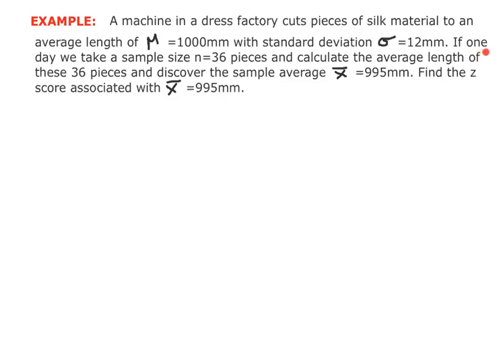If one day we take a sample of size n equal to 36 pieces, calculate the average length of these 36 pieces, and discover the sample average X bar is equal to 995 millimeters, find the z-score associated with X bar equal to 995 millimeters.